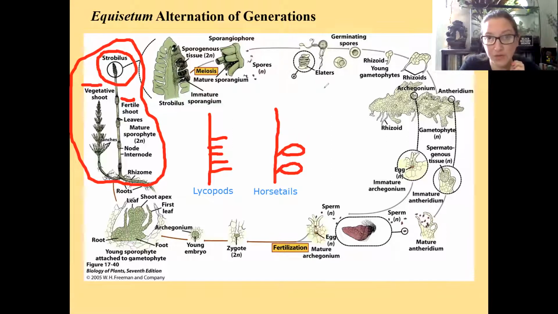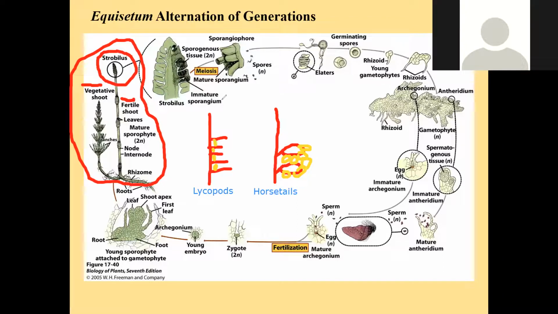On the sporangiophores, you have the sporangia underneath, like 1, 2, 3, 4, whatever, 20 on each one. I'll show you what they look like next, but I'm just making this distinction, whereas in the lycopods, the strobilus is made of leaves, and each leaf only had one sporangium.